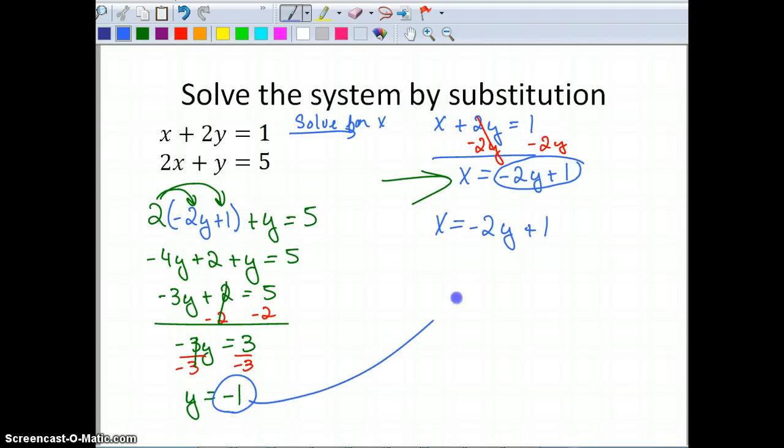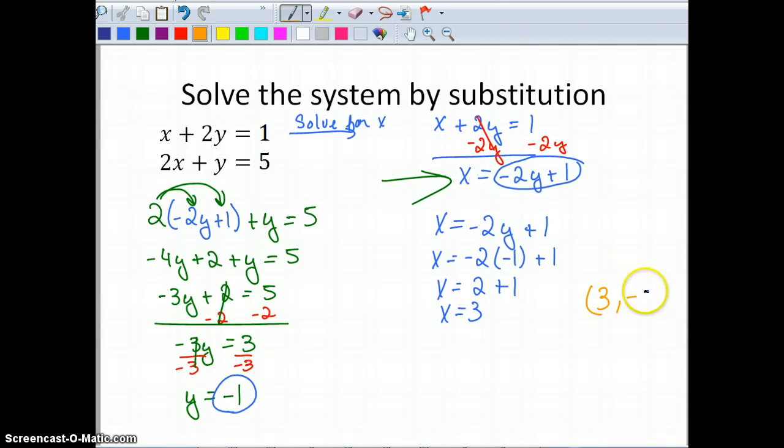I'm going to substitute that in for this y. So I have x is equal to negative 2 times negative 1 plus 1. x is equal to positive 2 plus 1. So that means x is equal to 3. So my solution for this equation looks like it's going to be the point (3, negative 1).